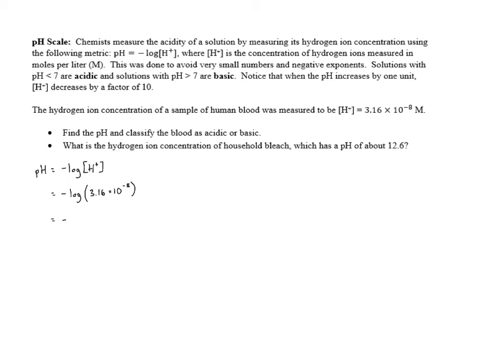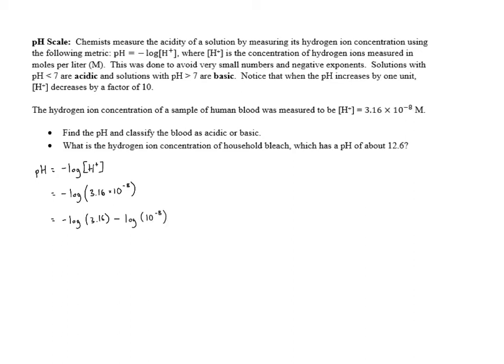So this is going to be negative log of 3.16. And I'm going to write minus because even though this is the sum, we've got a negative out front that gets applied to both of them. So this will be minus the logarithm of 10 to the negative 8 power.